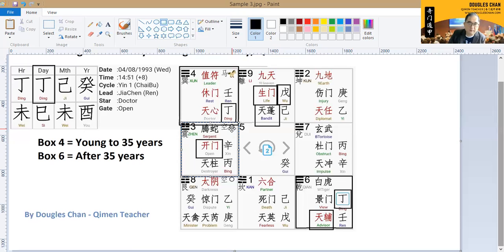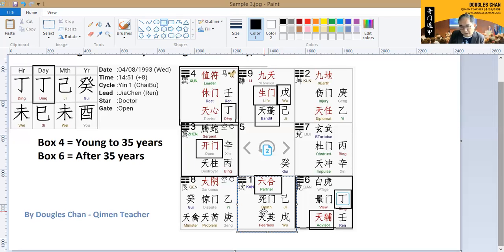So in this aspect, we also have to see the relationship of this person, in terms of marriage. This is represented by the partner itself. So partner equates, if you just see the box itself, the box is represented by this death. Okay, so death and fearless. Death is actually the worst star in Qi Men Dun Jia.